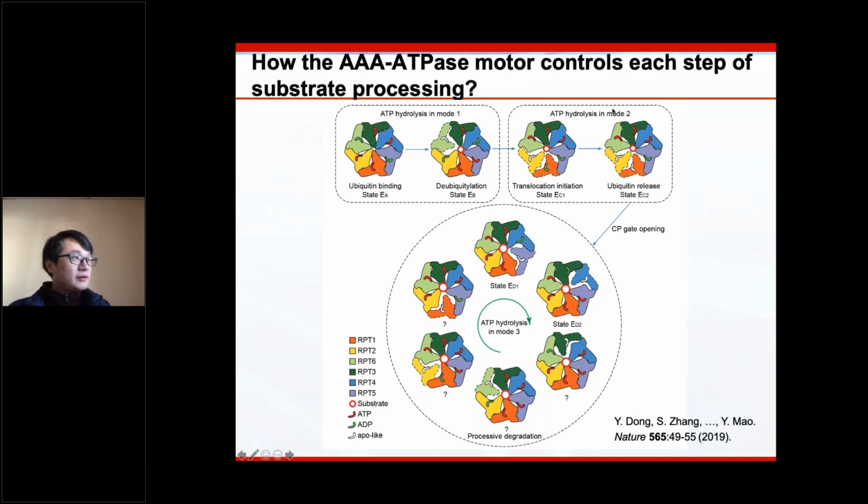And then there's a second mode, and this second mode is different from the first one because what we see is 2 neighboring subunits hydrolyzing ATP at the same time, or exchanging nucleotide at the same time, but this does not really propagate down to the ATPase ring.